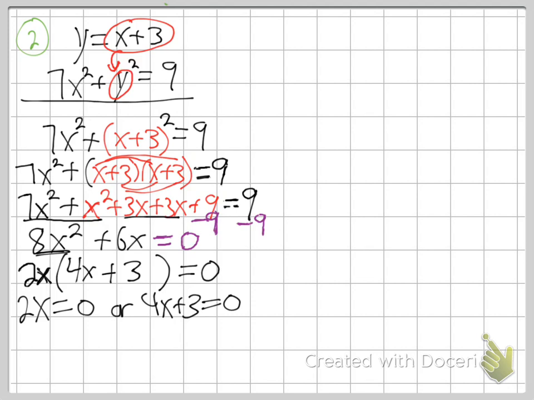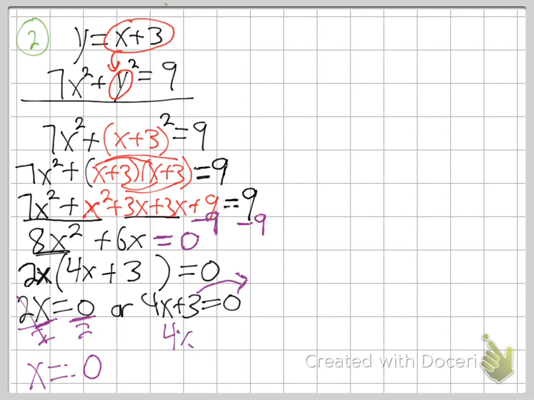So that would be divide by 2. And these cancel. 0 over 2 is 0. And over here, I'm going to jump the 3 to the other side, or just subtract 3. Same thing.